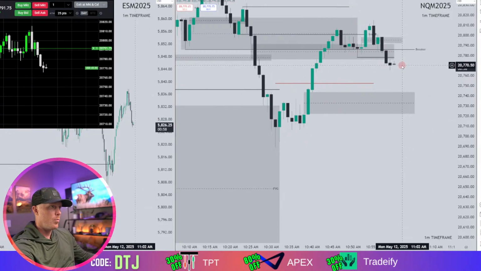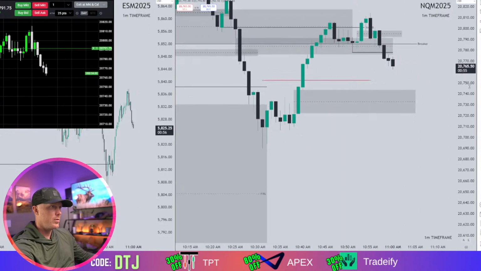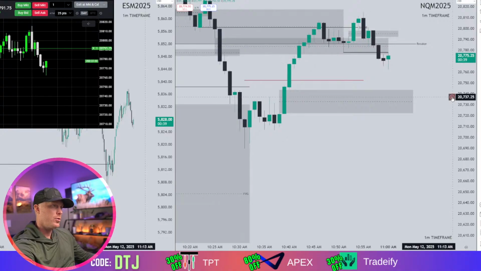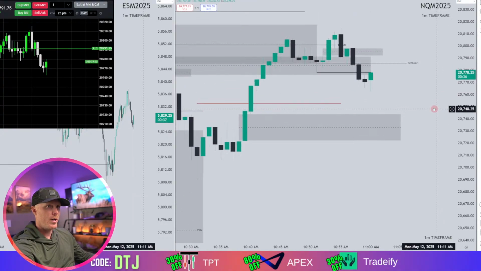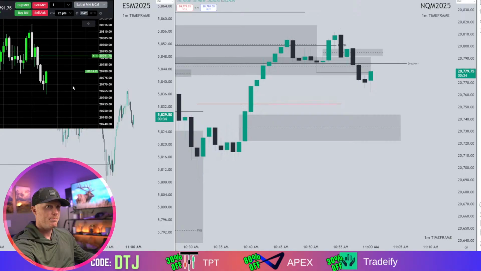I don't like that open of that new candle, but we'll see where it goes. All right, that's 10 a.m. Let's hope that's not the low and we get another lower candle, because it could reverse right here. That would not be fun. If we close green, I may close the trade if it doesn't stop me out.